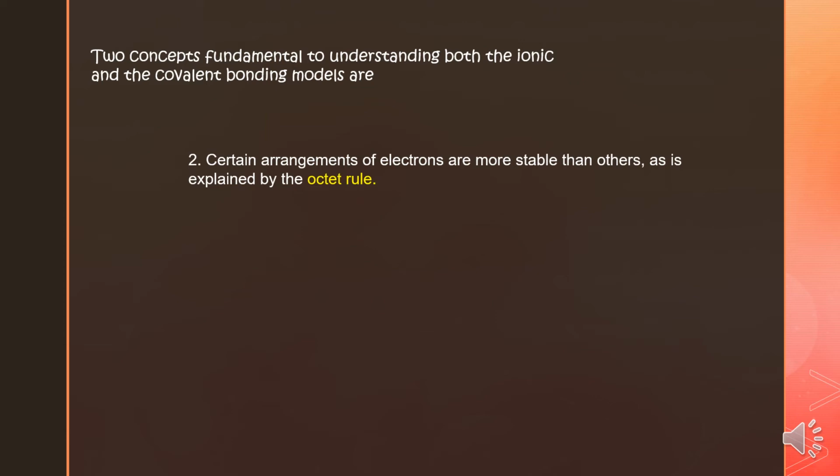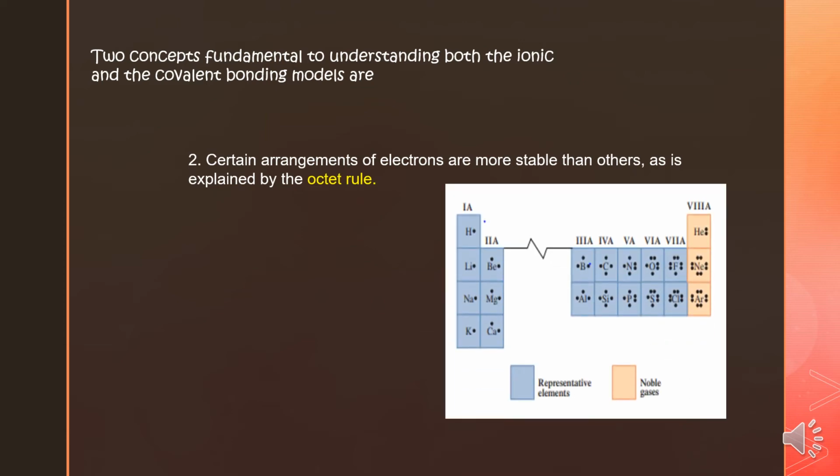This figure gives the Lewis symbols for the first 20 elements, and Lewis symbols are also frequently called electron dot structures. They are named in honor of the American chemist Gilbert Newton Lewis.